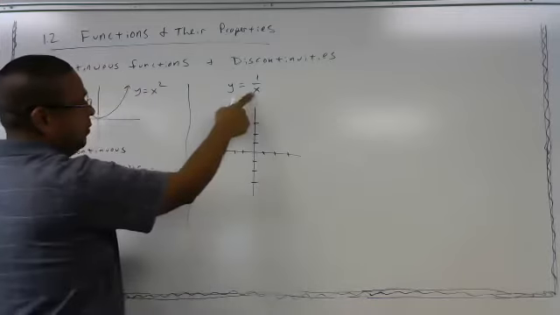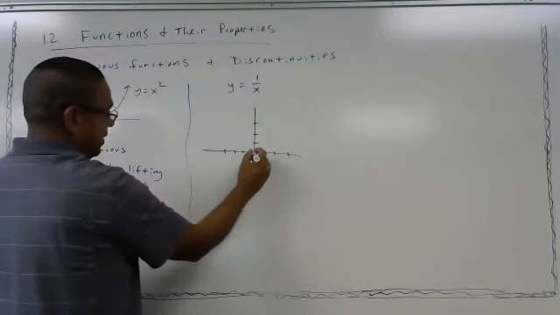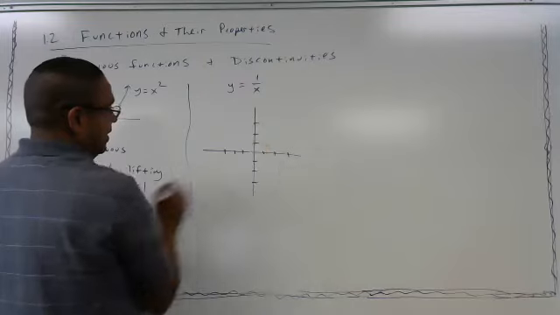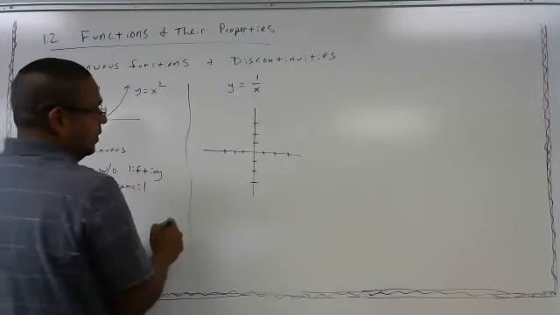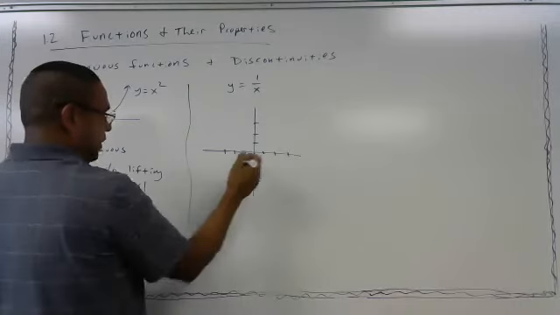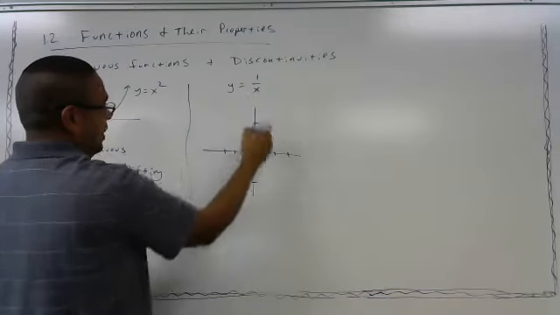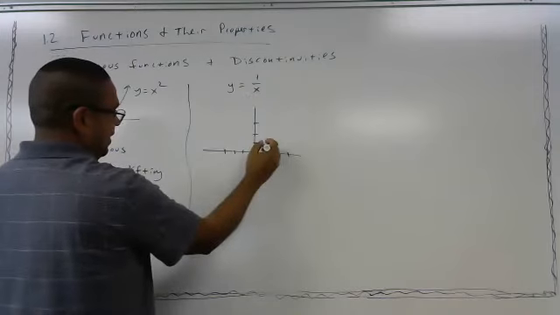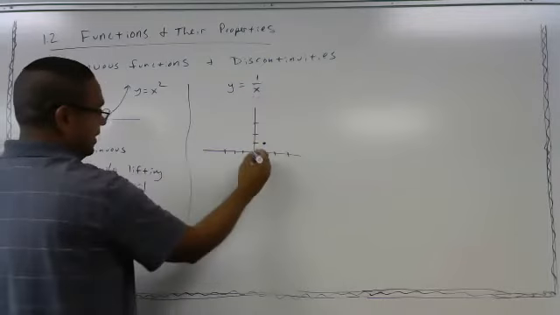You can ask yourself, well, if x is 1, then y is 1. Isn't it like an asymptote? No, we're going to have asymptotes. So when x is 1, y is 1. What if x is negative 1?